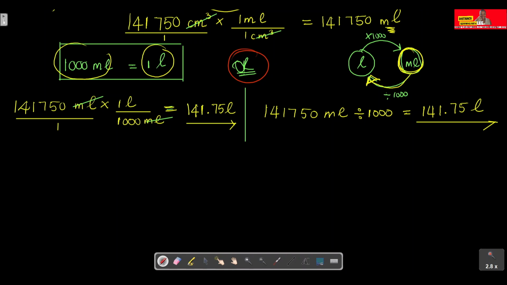We already know that if the tank is filled to 100% of its capacity, that means that we have 141.75 liters of water. This value that we've just calculated tells us how much water can go into this pool.